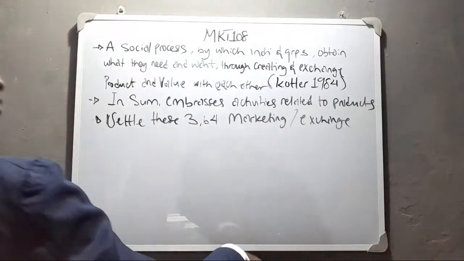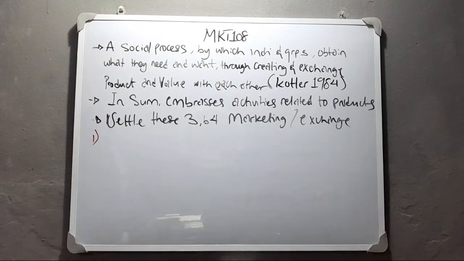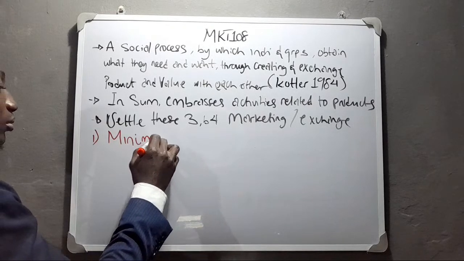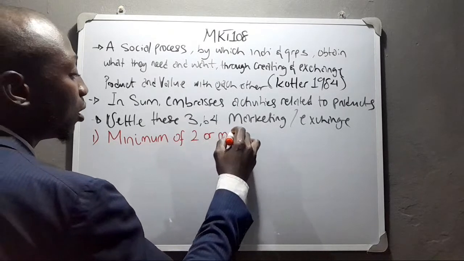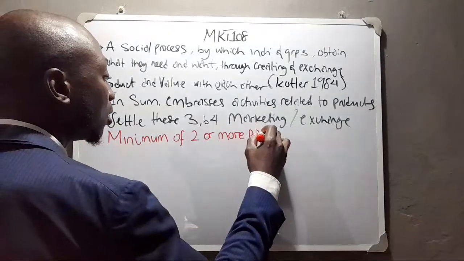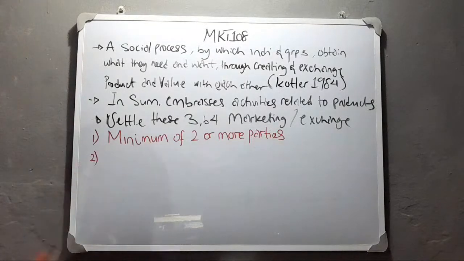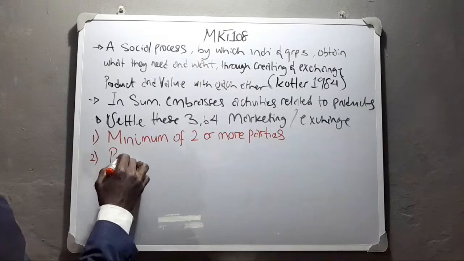So we have one, a minimum of two or more parties. Secondly, there has to be a product or service or money for exchange.